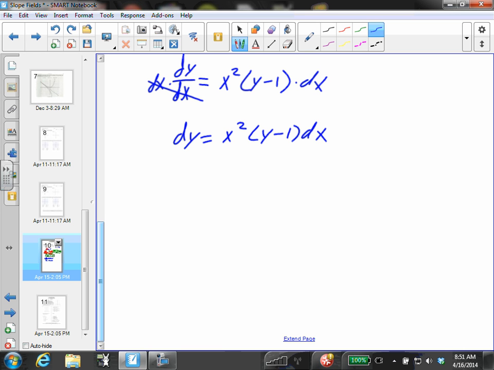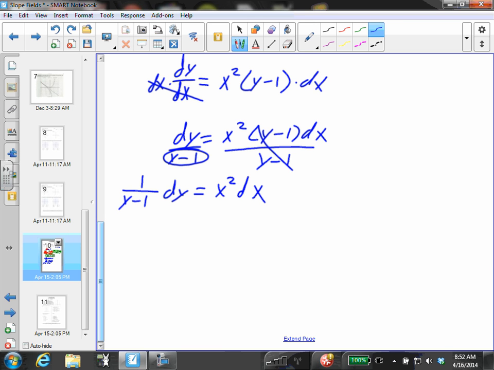And then I need to get my y's together and my x's together. So I'm going to divide by y minus 1 on both sides, and this will cancel. So dy times 1 over y minus 1. I'm just going to turn this y minus 1 on the bottom, so I'm just going to make it this fraction right here. 1 over y minus 1 times dy is equal to x squared dx.